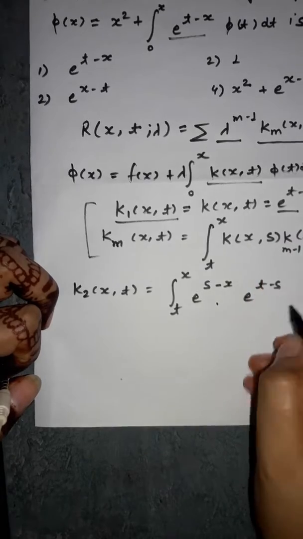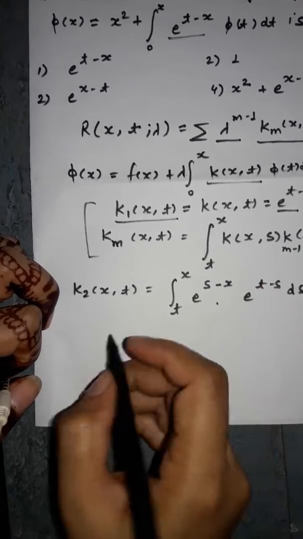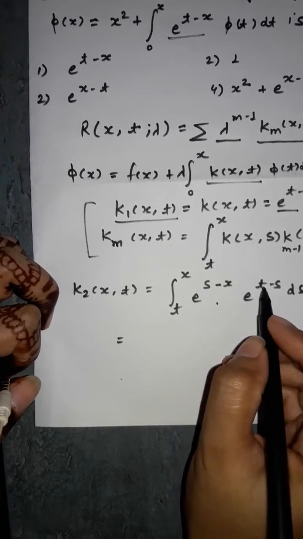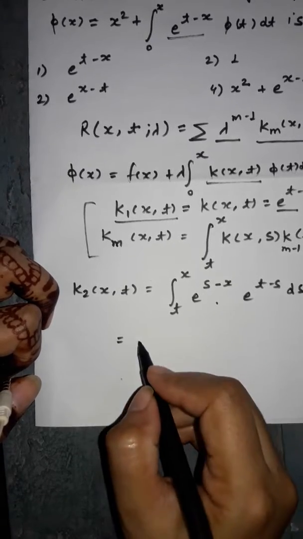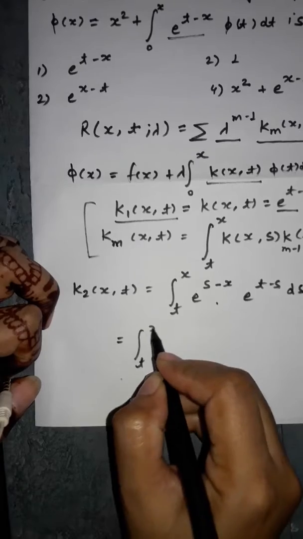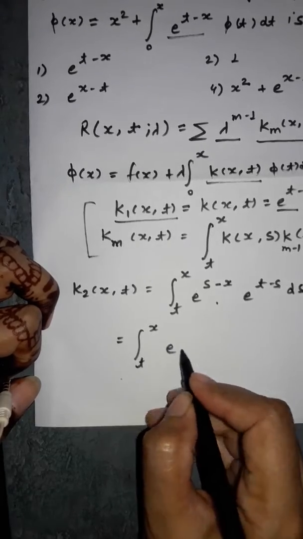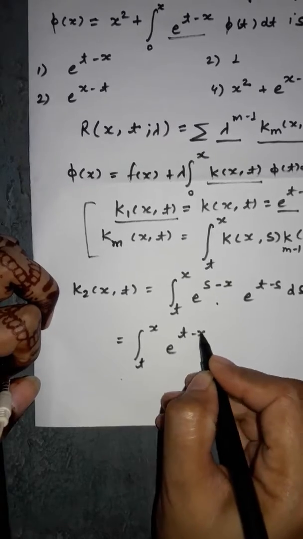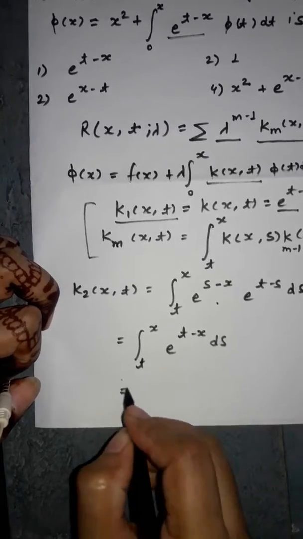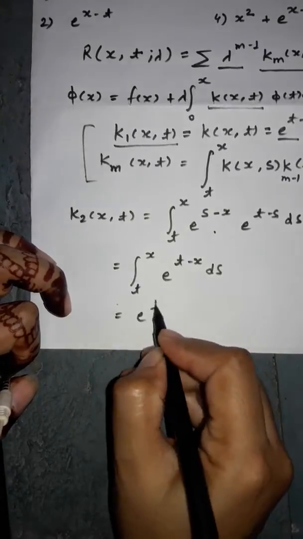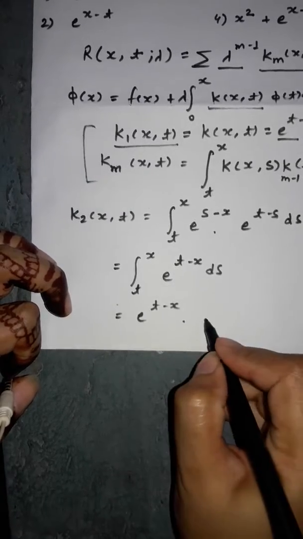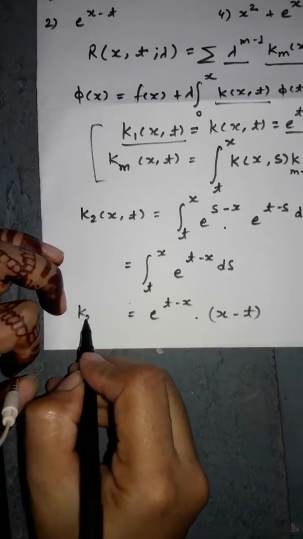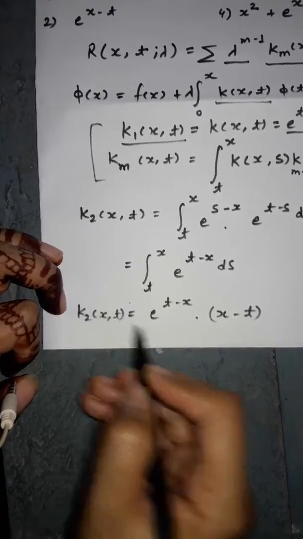This is ds. So this is e to the power s minus x and t minus s, just add the powers. You get the integral t to x of e to the power, this s and s get cancelled, so you get t minus x ds. When you solve this, you get e to the power t minus x into x minus t, correct? So you got K2 of x comma t, right?